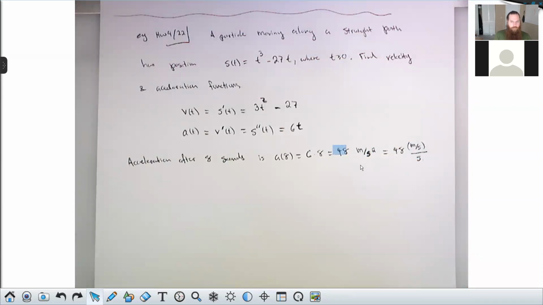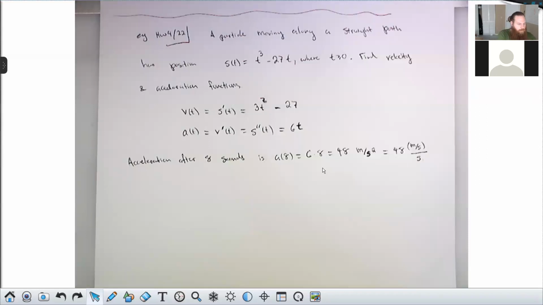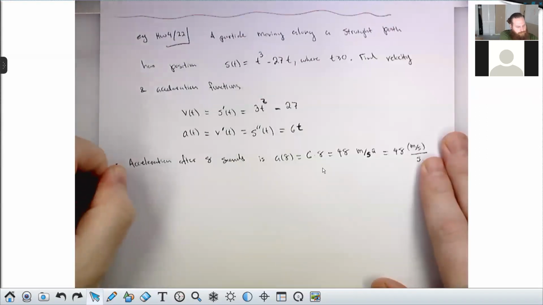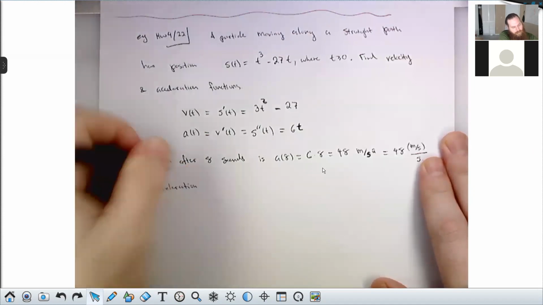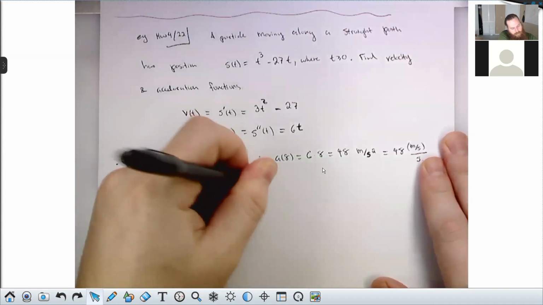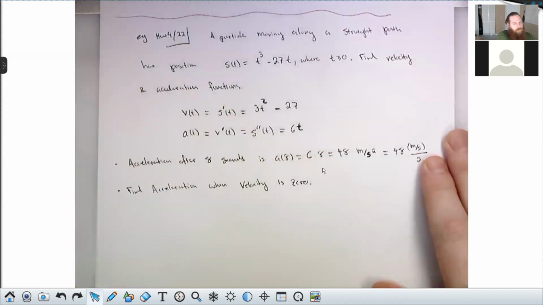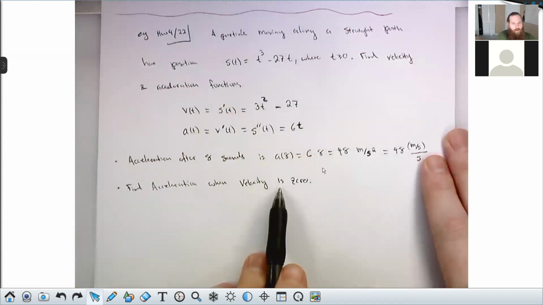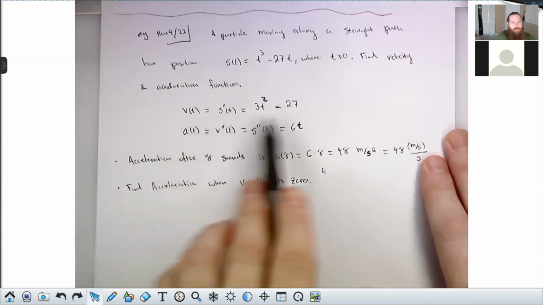So this is the first thing they asked for. The second thing they asked for is to find the acceleration at the moment when the velocity is 0. So first we have to find when is the velocity 0, right? V of t is my velocity function.